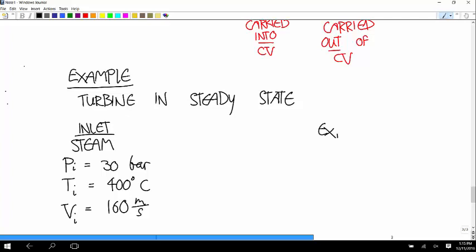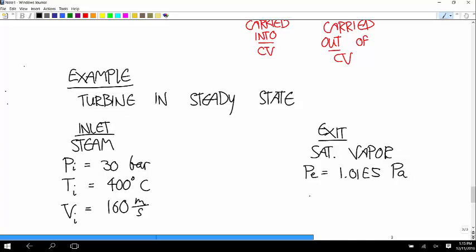And then at the exit, we have a saturated vapor with a pressure of atmospheric pressure, 1.01 times 10 to the 5th pascals.